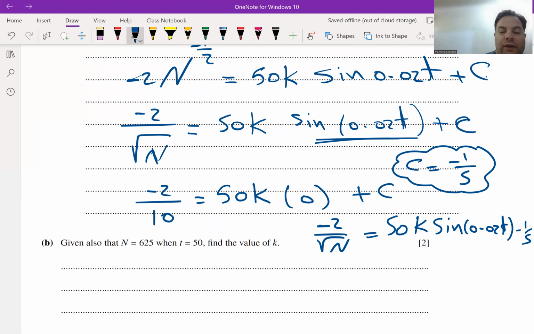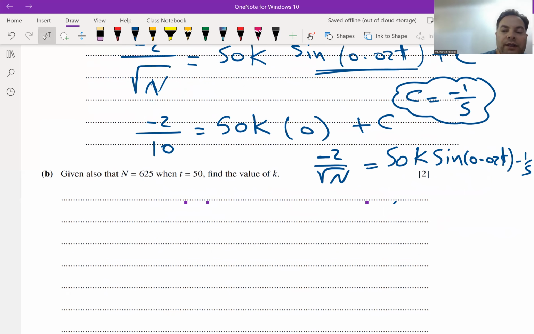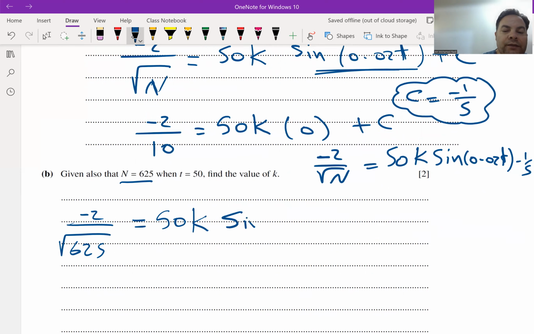It's not asked to make n the subject, so you can keep it as it is. Given that n is equal to 625 when t is 50, now substitute: negative 2 divided by square root of 625, which is 25, is equal to 50k multiplied by sine 0.02 times t, which is 50, minus 1 over 5. Simplify.